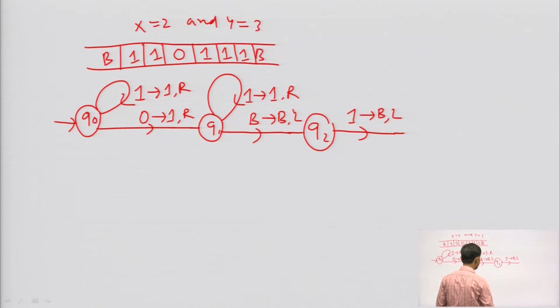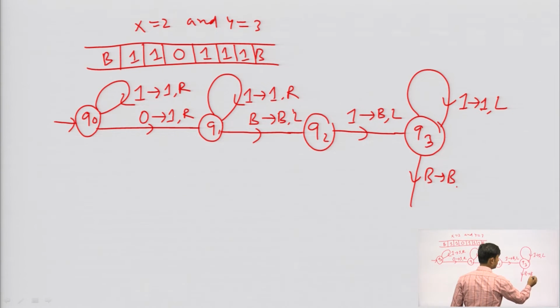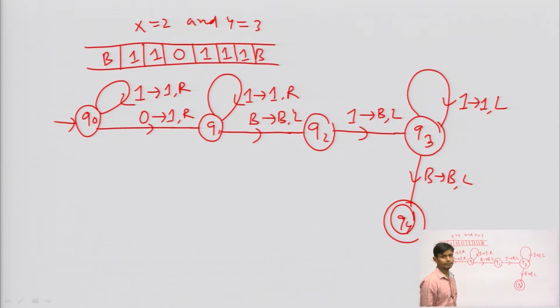So, now this is Q3. In Q3, what you have to do, for all 1, 1 and this is left. So, when you get blank here, move left, and this is Q4, this is the accepted state.